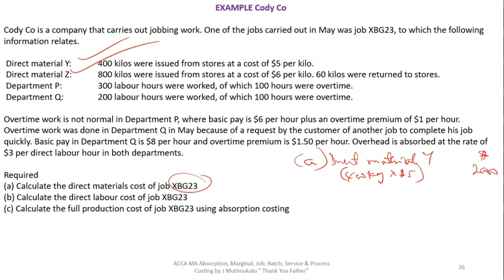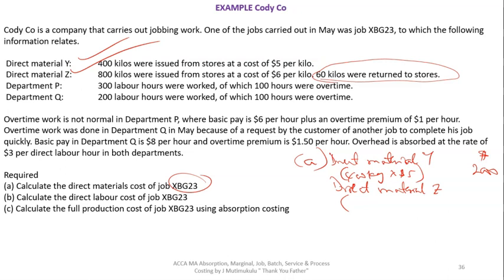Then we have direct material Z: 800 were issued from stores at a cost of $6 per kilo, and 60 kgs were returned.